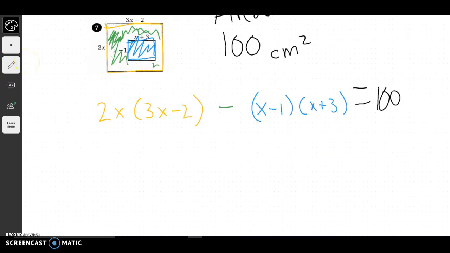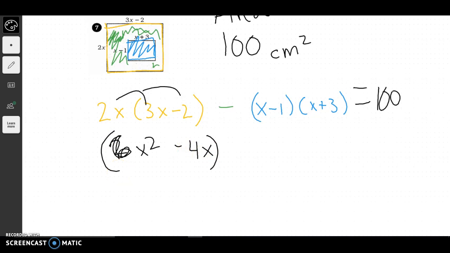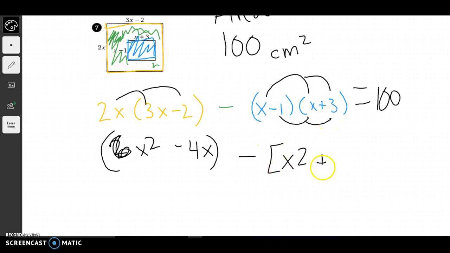So distribute: 6x squared minus 4x. And again, I want to keep that in parentheses just for a second. Then we'll distribute this, which will give me x squared plus 3x minus 1x minus 3.